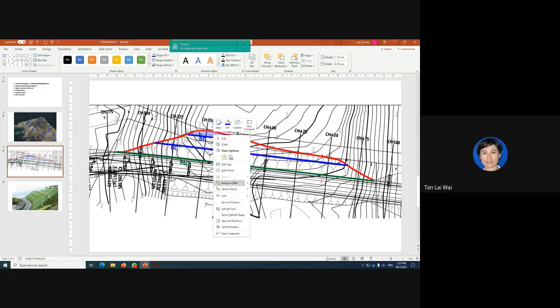So this blue area is the A, the drainage area into the bench drain.